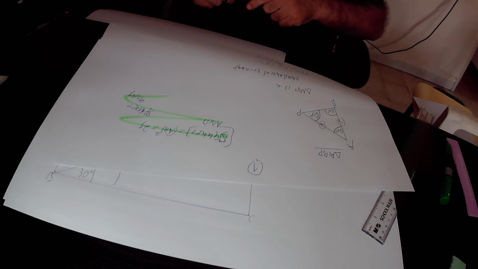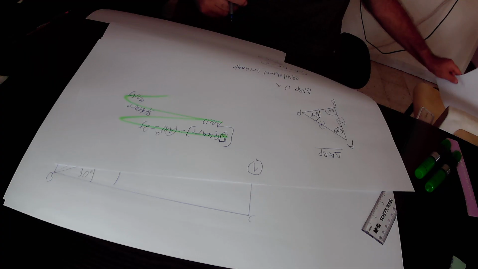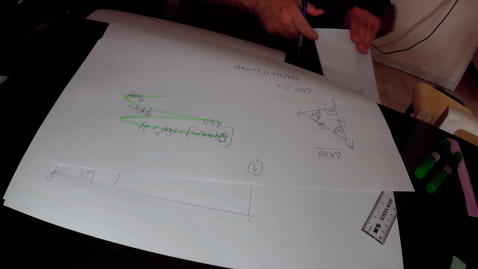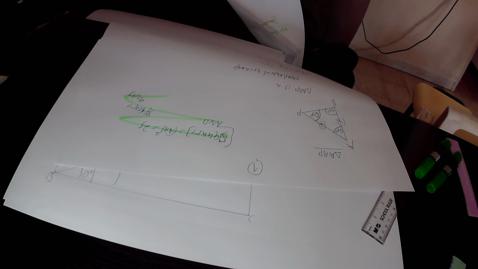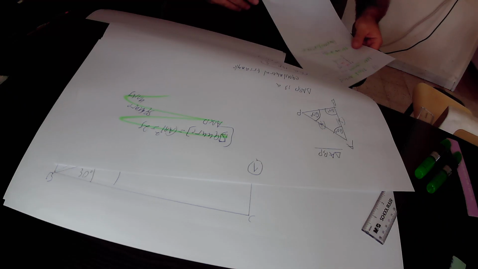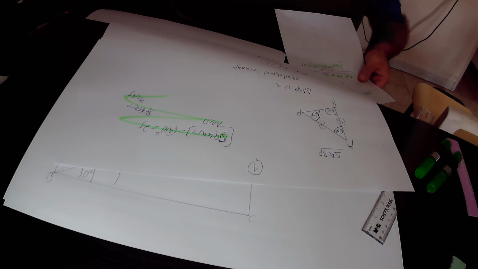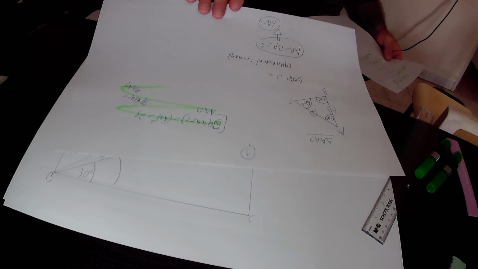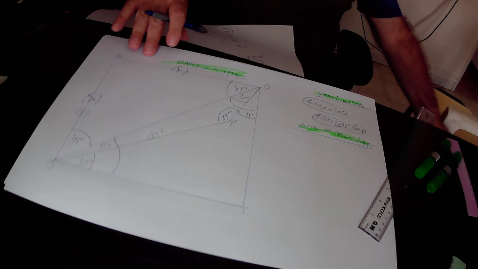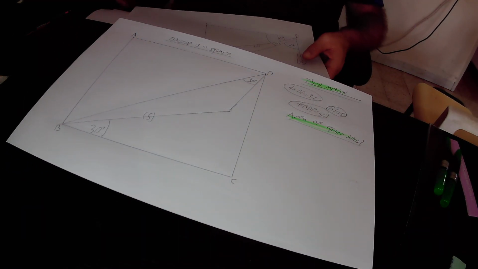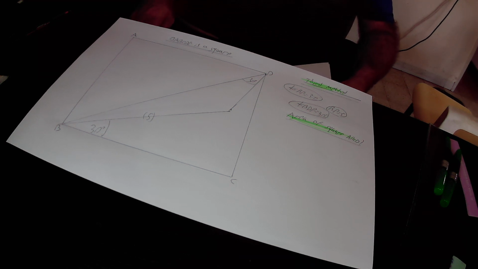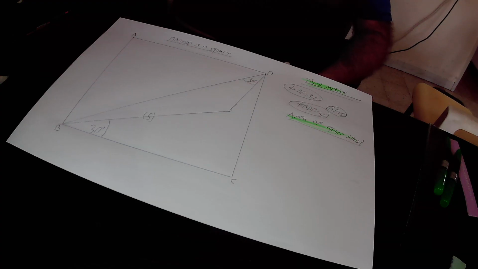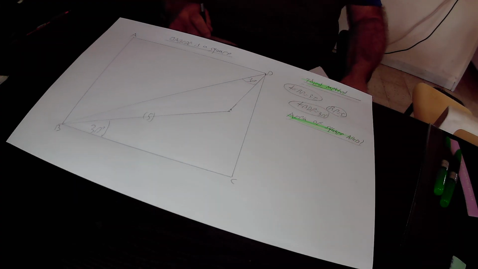Okay, here's the second method. In the next step, I'm going to show you how to find out the area of this square ABCD according to the third method.